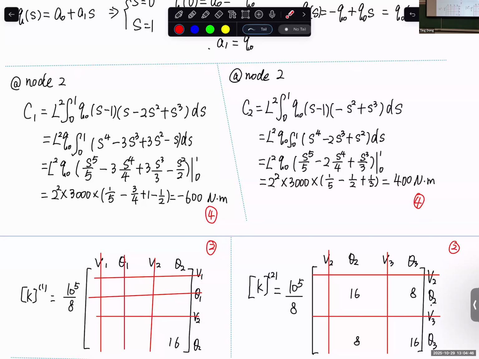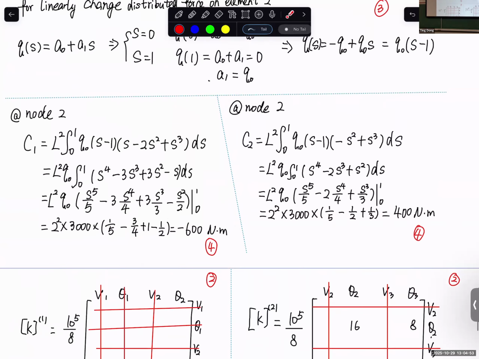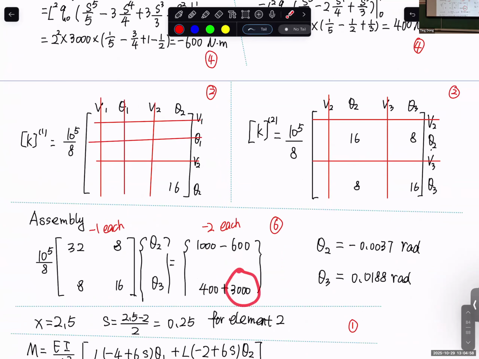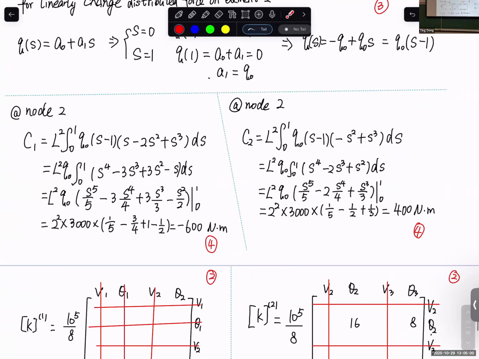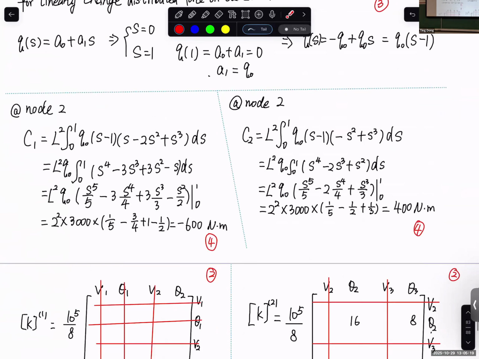Any other question? Understanding error, like for C, we're supposed to have 3,000 for C, and I used 1,000.